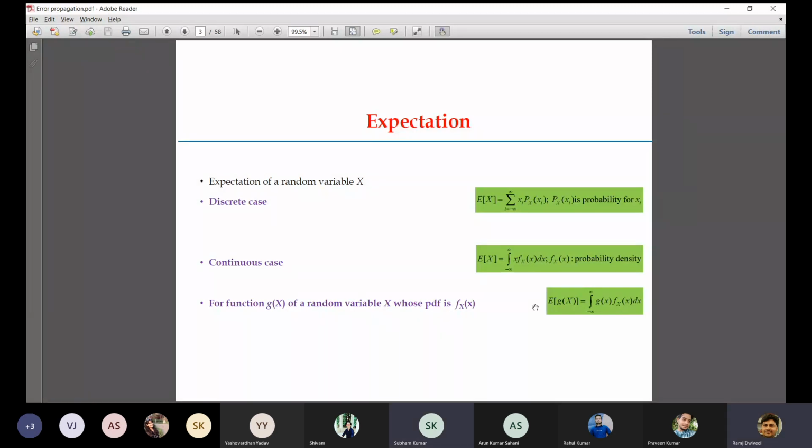And those who are still not comfortable with frequency distribution must follow the books and the content we have discussed, and you can download the recording and see it. So for the discrete case we have the probability, or we could also call it the relative frequency, and for the continuous case we have the density function.